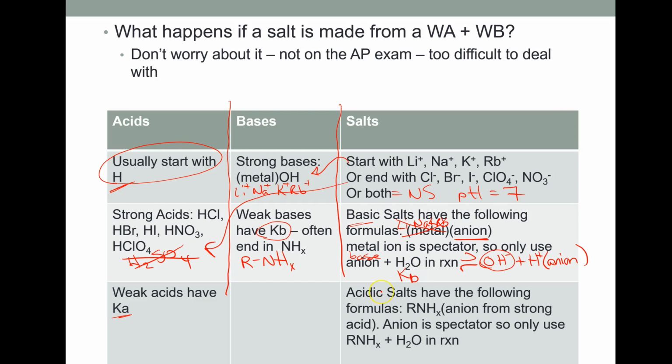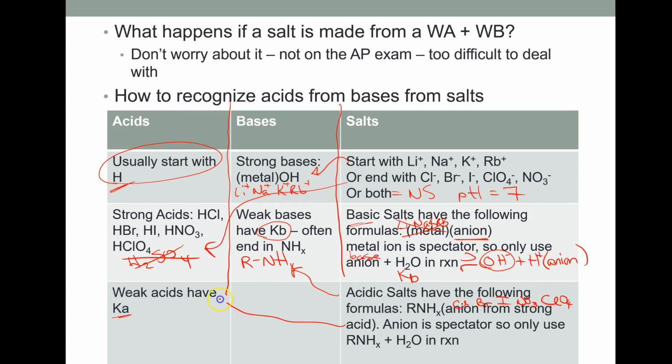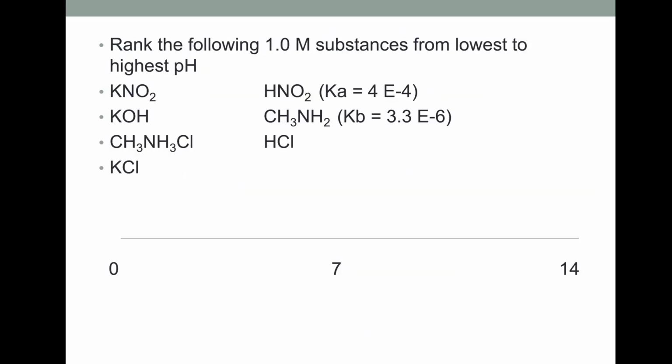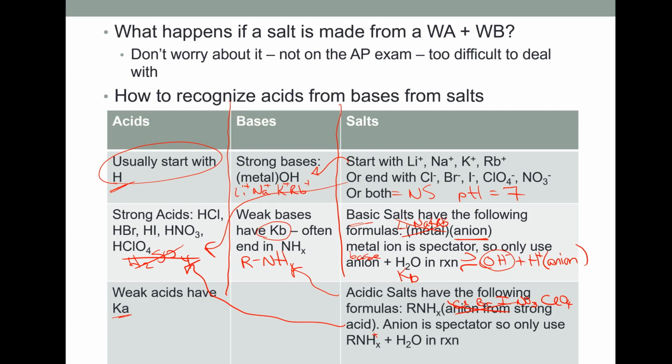Okay, acidic salts have the following formula: some kind of RNHX thing, that's from here, but they end in Cl, Br, I, NO3, or ClO4 minus, which are my strong acid things. The anion is a spectator, so we're going to cross it off. You're only going to use this guy. It's going to have a plus charge, and you're going to add it to water.